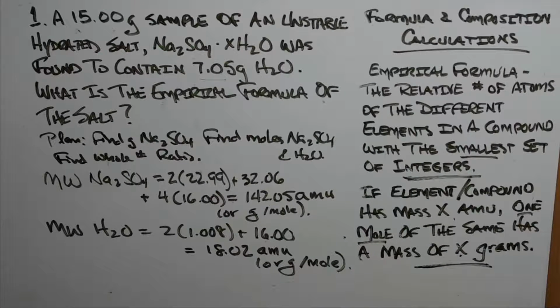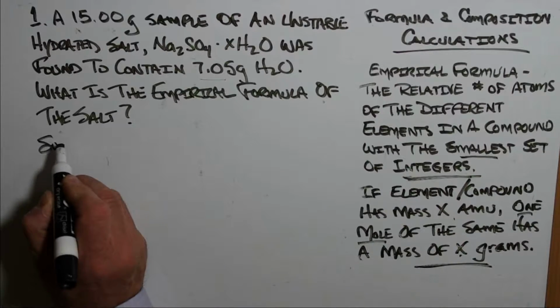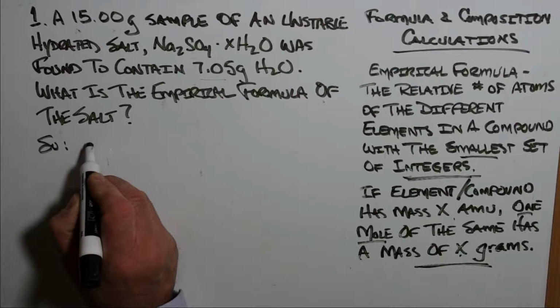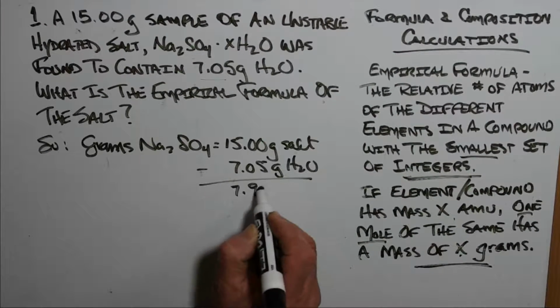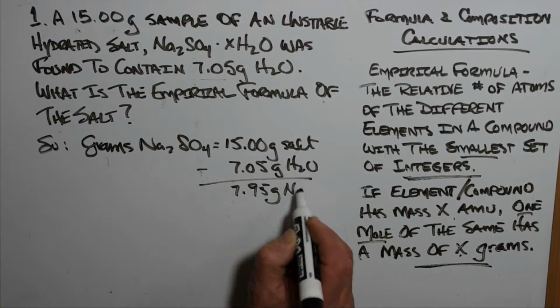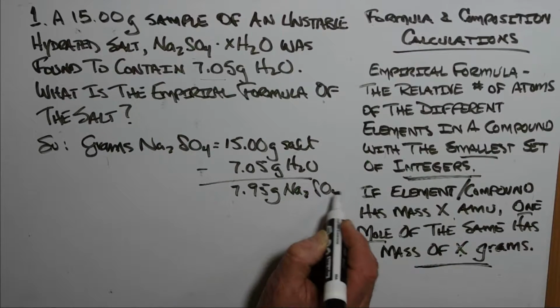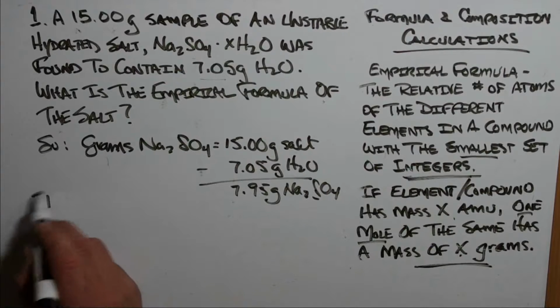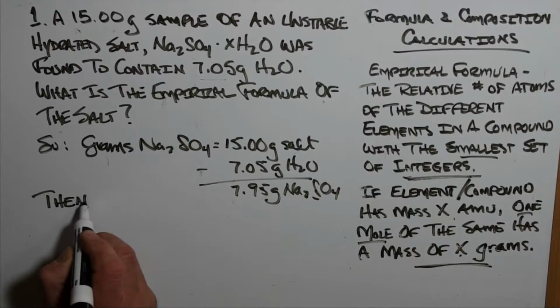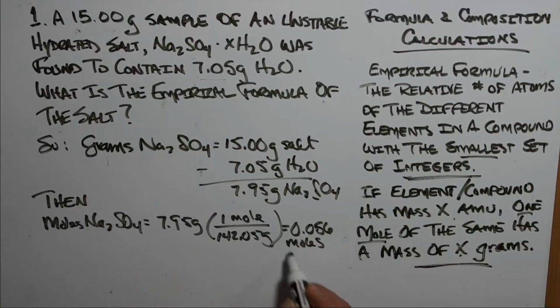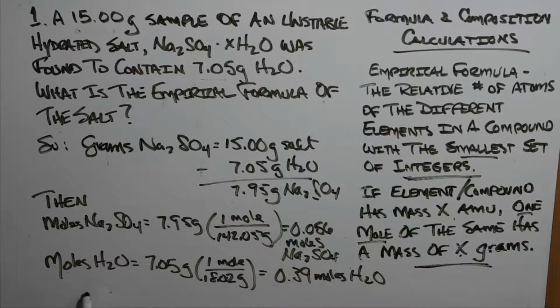Using those numbers and subtracting 7.05, representing the grams of water, from the amount of salt that we started with, we come up with 7.95 grams of sodium sulfate being present initially. Divide that by the number of grams per mole of sodium sulfate to come up with 0.056 moles of sodium sulfate, 0.39 moles of water.